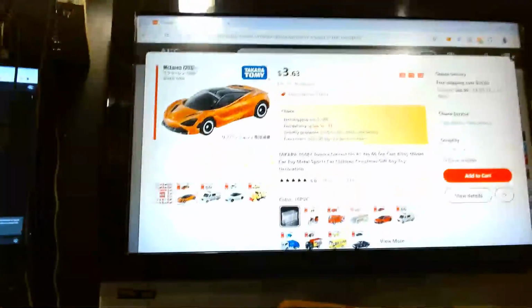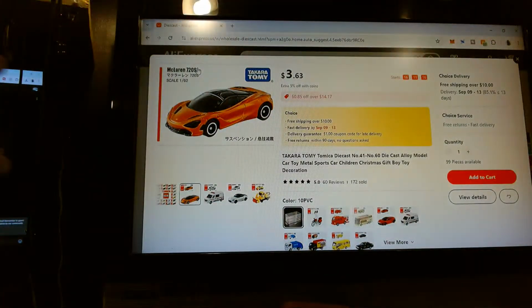So pay attention when you're looking for stuff like this. AliExpress sometimes doesn't like to display that. Sometimes they'll put in millimeters and all that. So you have to be careful when you're shopping in these places, when you're buying all these miniature cars and all that. Pay attention to the scale. Pay attention to the sizes in millimeters.